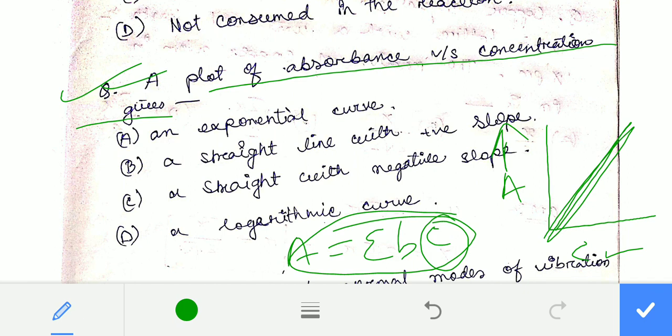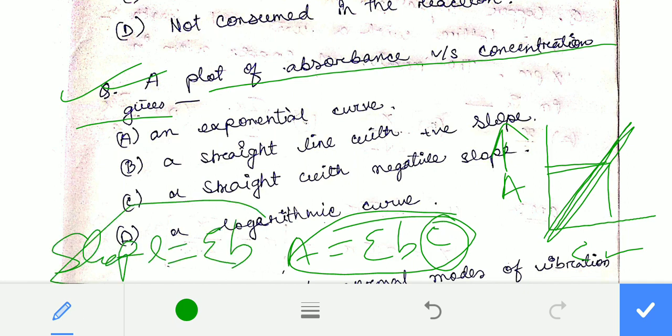Therefore it will give a straight line, and the slope of this line is equal to epsilon b, right? Slope always gives epsilon b.